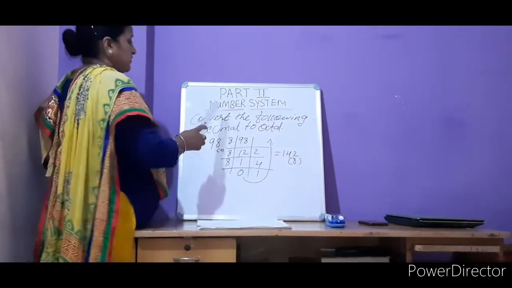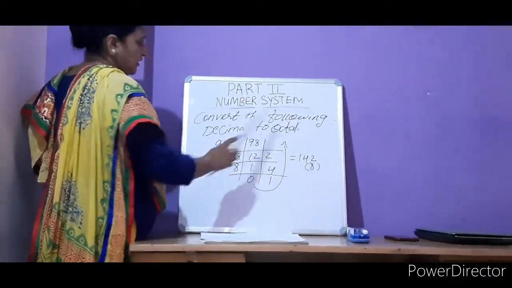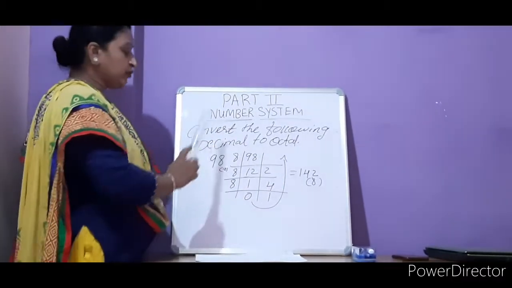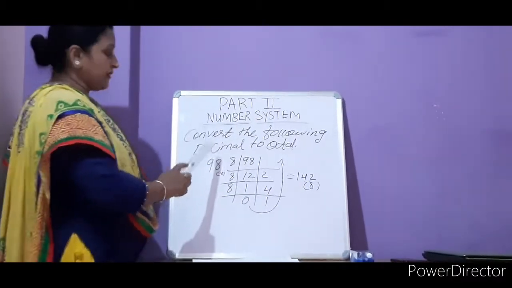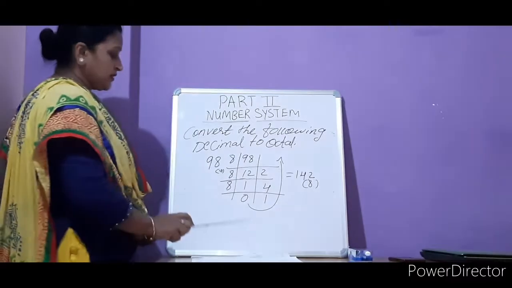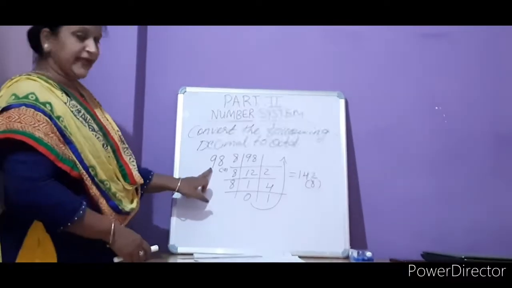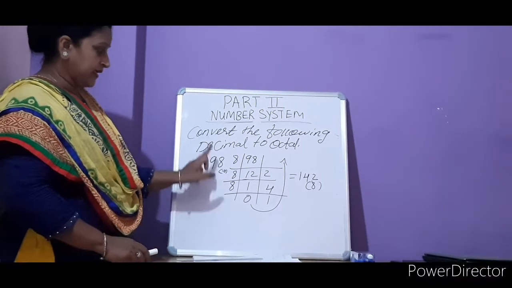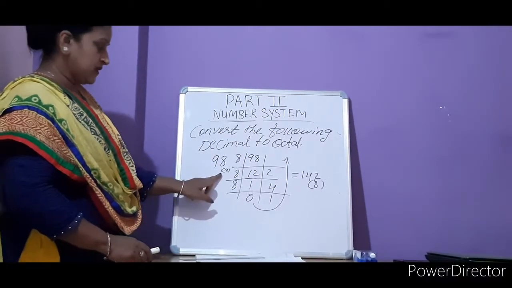Next, see here, convert the following decimal to octal. Just now we have done octal to decimal. Now we are converting from decimal to octal. We are taking one small example, that is 98. Okay, 98. We are keeping in the bracket 10, because 10 is the base for the decimal number system.